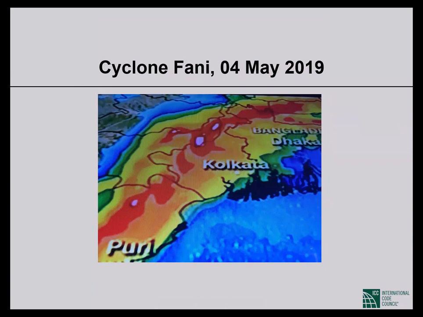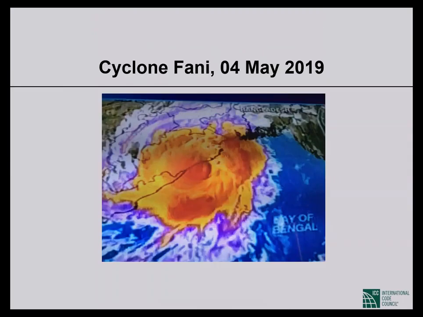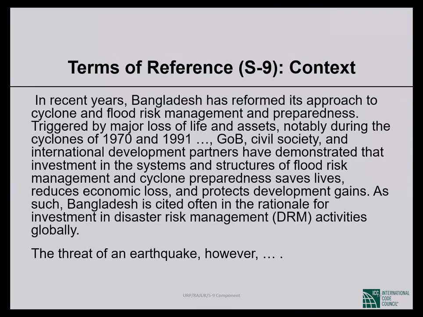So this was kind of the path in Kolkata. It caused quite a bit of problem and destruction. By the time it got to Bangladesh, it had lost much of its punch. So there was a lot of foreboding, but not a lot happened. Luckily, in that last cyclone.